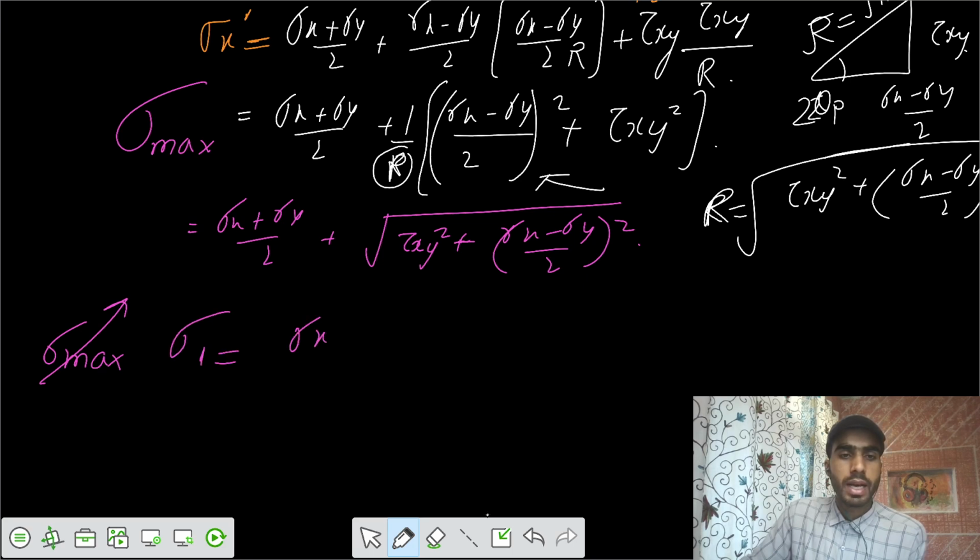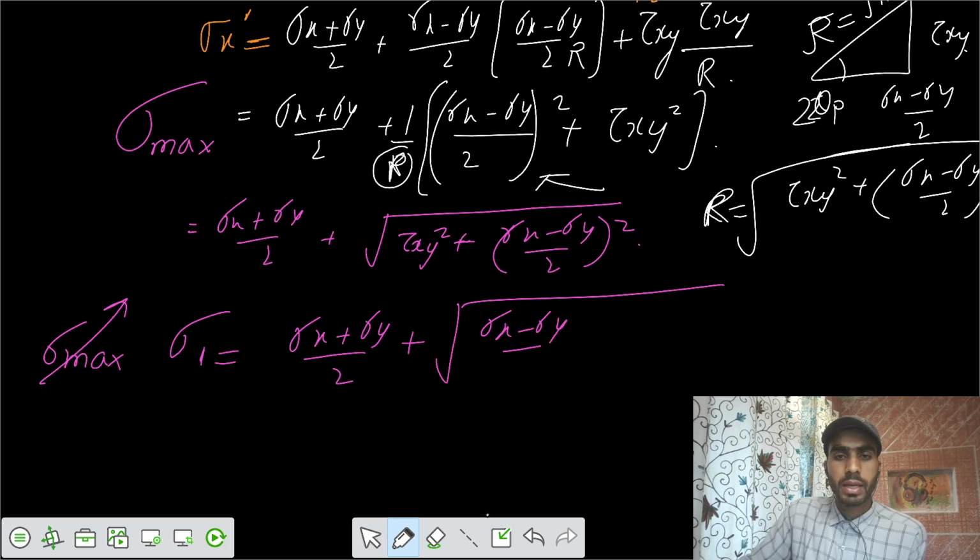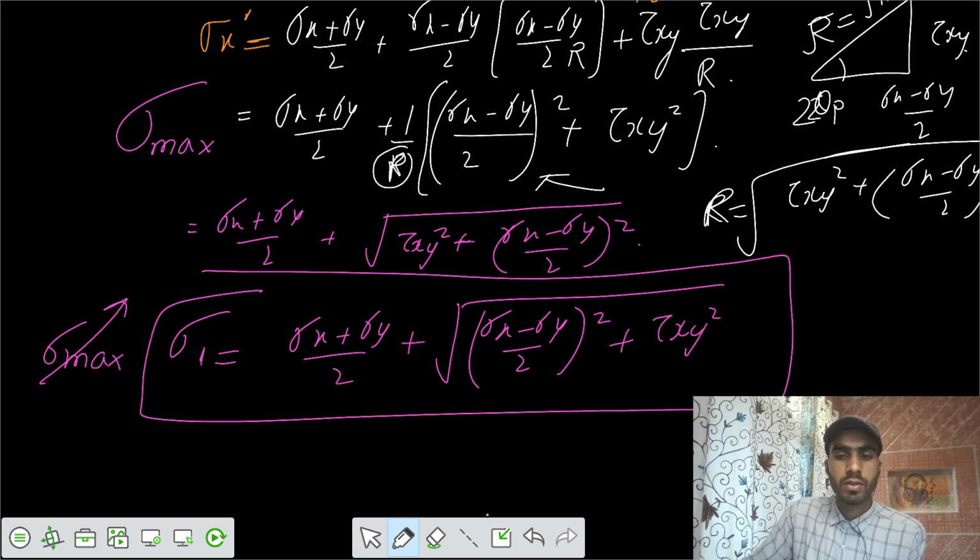So sigma 1 equals sigma x plus sigma y by 2 plus root of sigma x minus sigma y by 2 whole squared plus tau xy whole squared. This is our standard result.